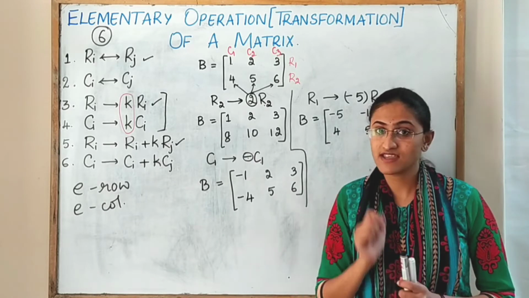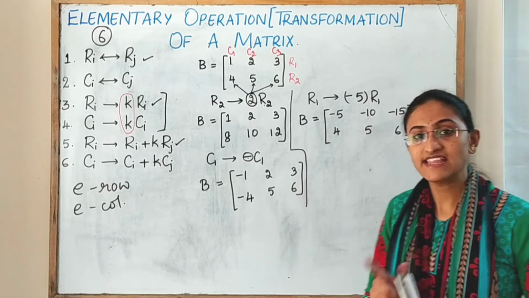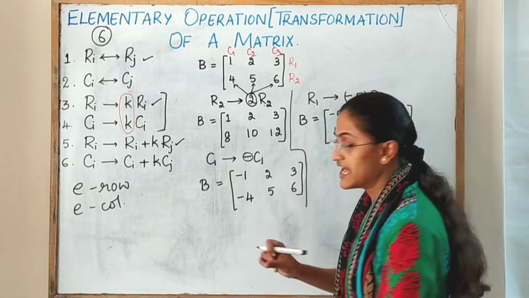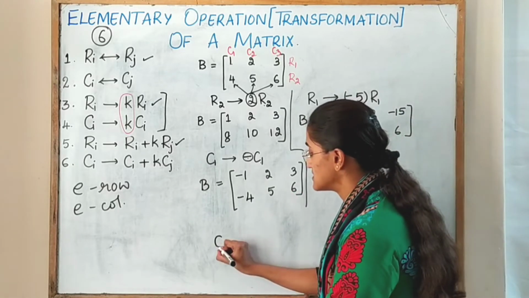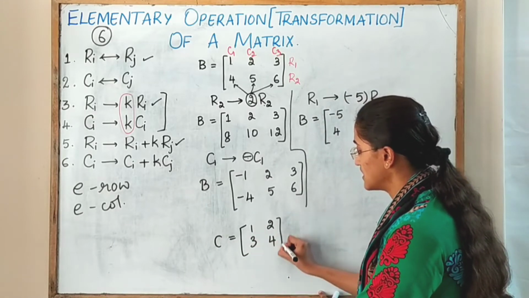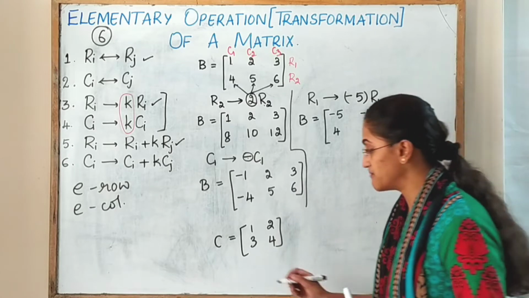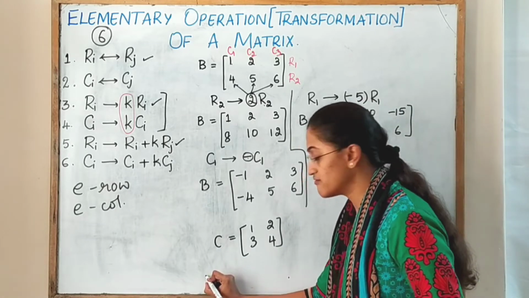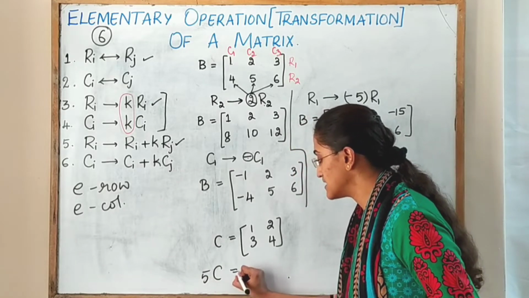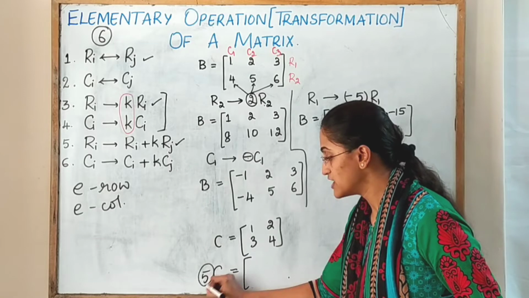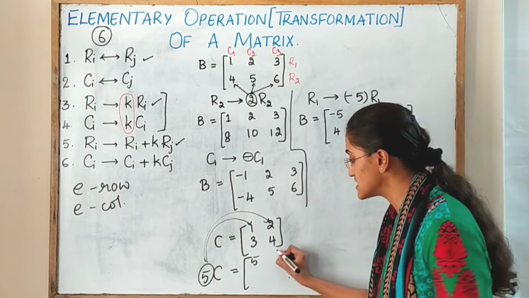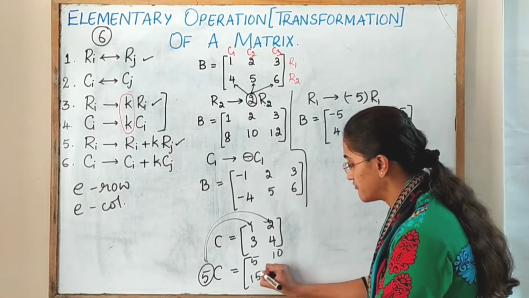And also another thing that you have to remember, in the matrix we had learnt about scalar multiplication of a matrix. If I'm having a matrix C equal to 1, 2, 3, 4, then in the scalar multiplication I would multiply with some non-zero number, 5 into C, that is I can multiply 5 to every element of the given matrix, and hence we get a new matrix like 5, 10, 15, 20.